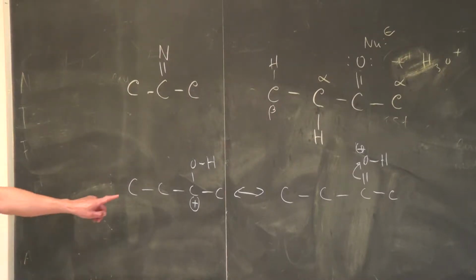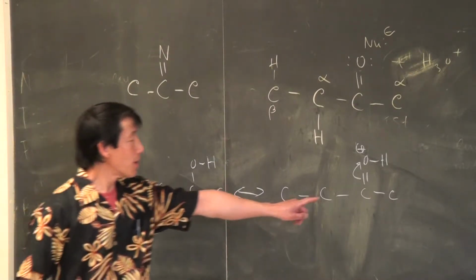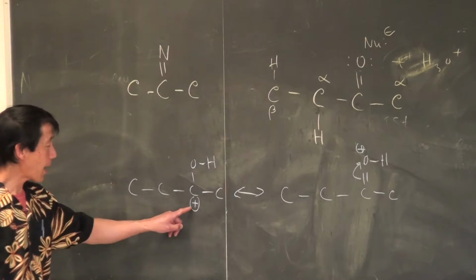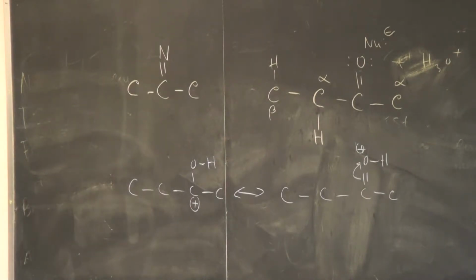So this makes the carbonyl carbon more electrophilic now. You can show that it has that plus charge. And then if something were to react there, then that will be.